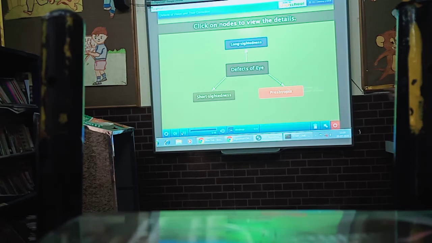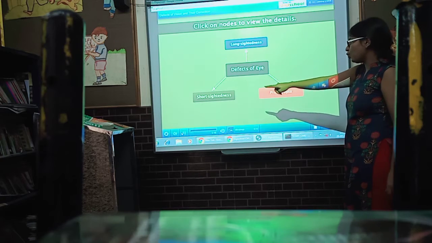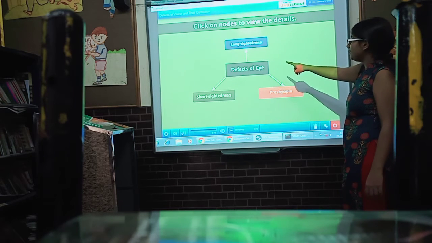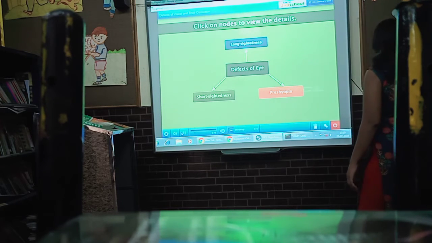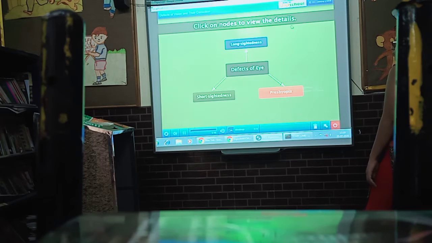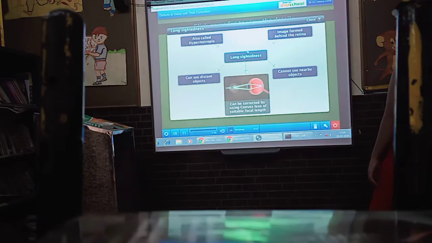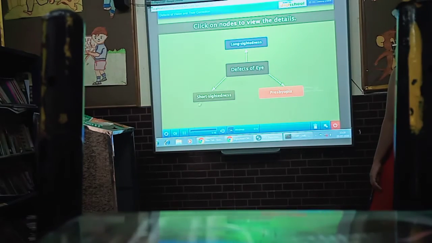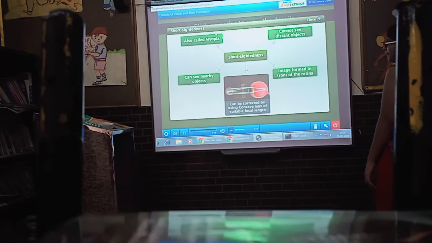See, these all are the defects of eye, that is short-sightedness, long-sightedness and presbyopia. Long-sightedness is also called hypermetropia, can see distant objects but cannot see nearby objects, and the image is formed behind the retina. What happens in short-sightedness?